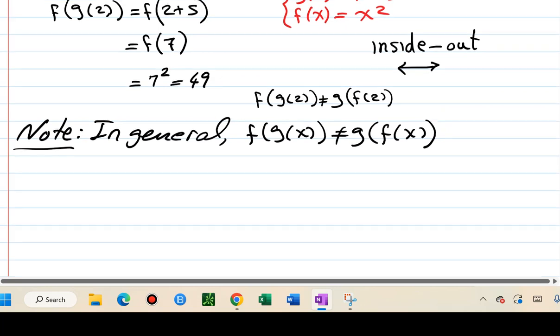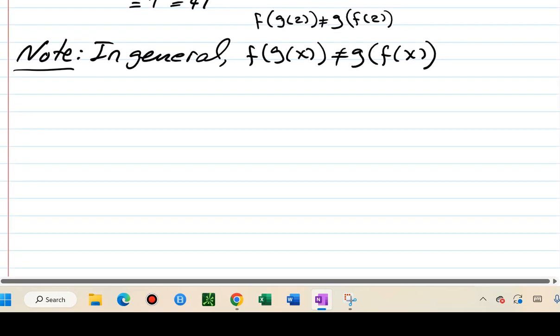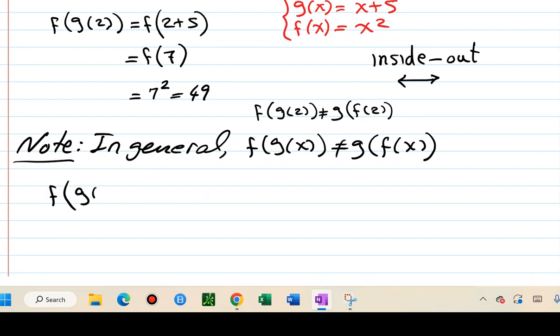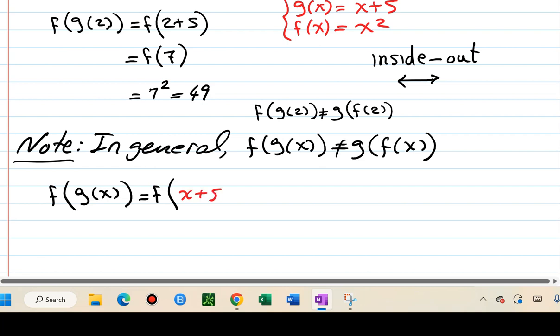Now, let's do the general case. We just did f of G of 2 and we got 49. Let's see for the general input x, what will the final output be? Working from inside out, remember G of x was x plus 5, correct? So I'm just going to write x plus 5.